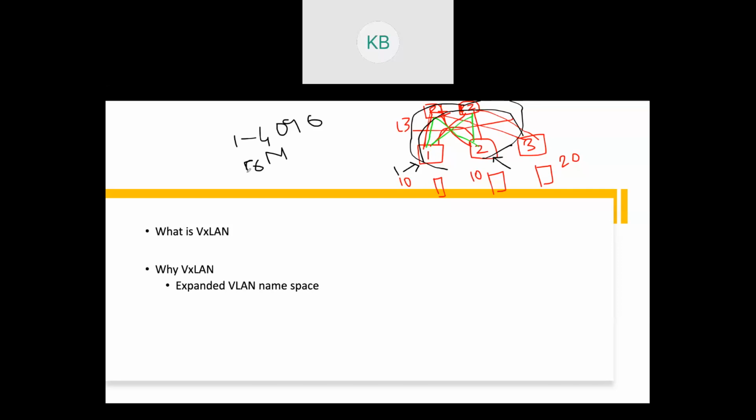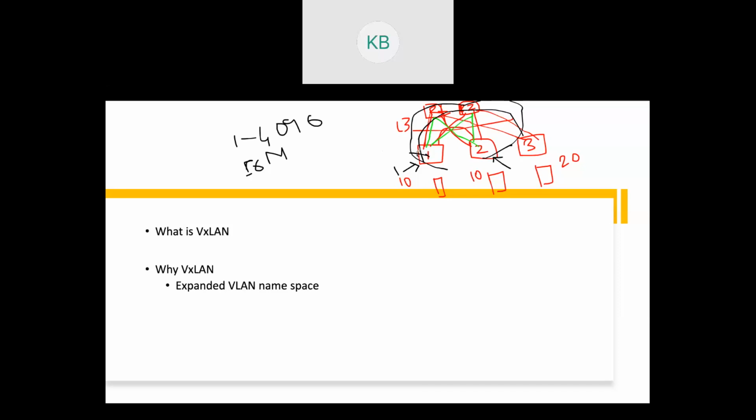But you have 16 million numbers, and if you have VLAN 10 here for customer A, say for example, and another customer on switch number 2 or switch number 3 also wants to use VLAN 10, it's perfectly fine to configure VLAN 10 there, because the VLAN number is now only locally significant to those particular switches, right?